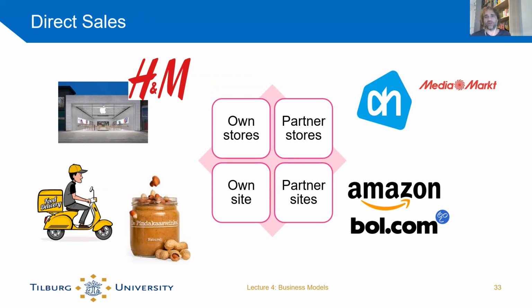Think of basically every product that you buy from Albert Heijn, if you order products from Amazon.com, if you go to an Apple store or a fashion store. That is direct sales. You go somewhere online or offline, you buy something. Sounds obvious, but this is one of the most obvious ways to generate revenue. The simplest way.